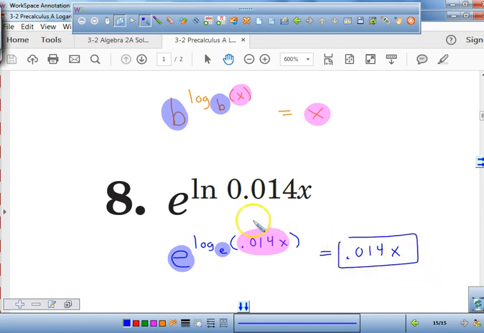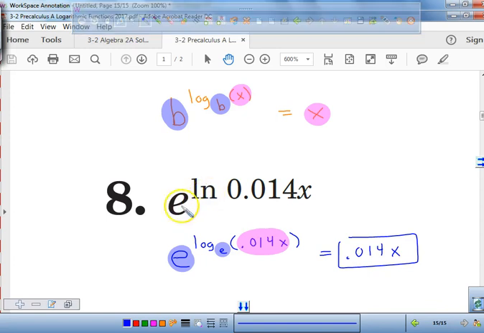Now, why is this one difficult? Because you guys don't automatically see the natural log as what? As a base e. So what did I do? I converted this to log base e. And that's your answer. Do you see how you can't use the calculator for that? You can't just type it in the calculator and press enter.